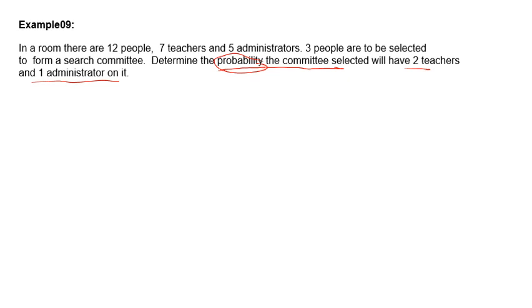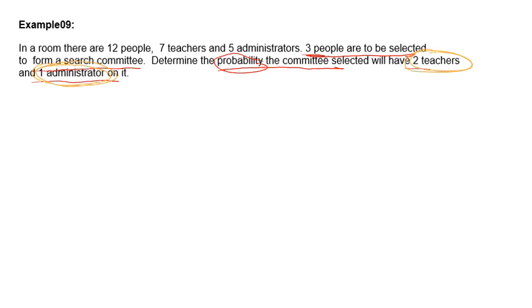So, the general problem is just forming a committee of 3 people. Okay, 3 people to be selected to form a committee. We're looking for a particular makeup of that committee. It needs to have 2 teachers. It needs to have 1 administrator.